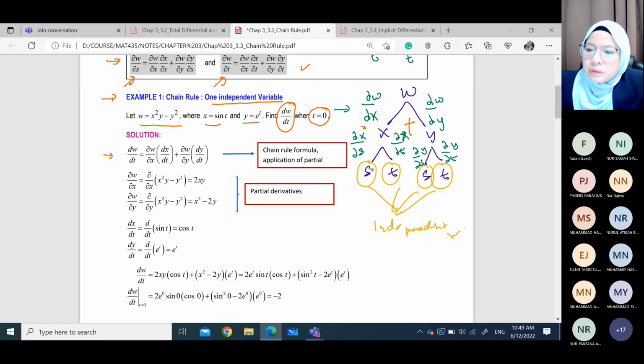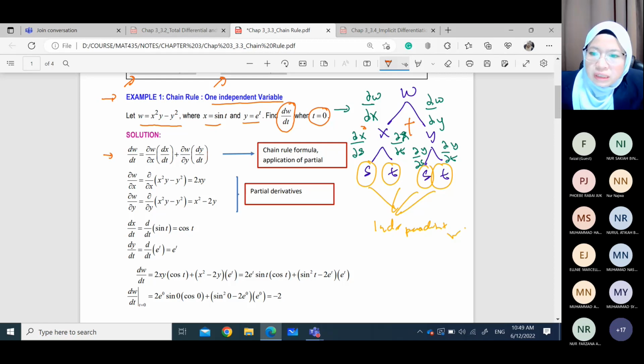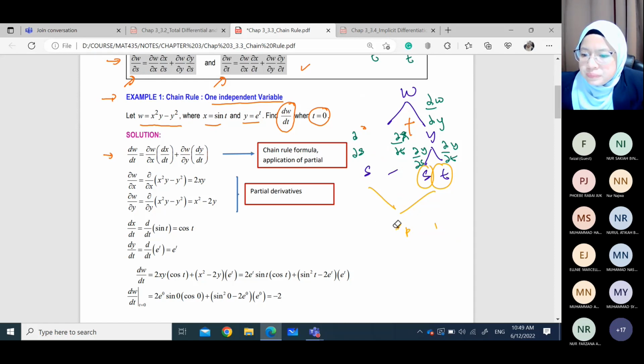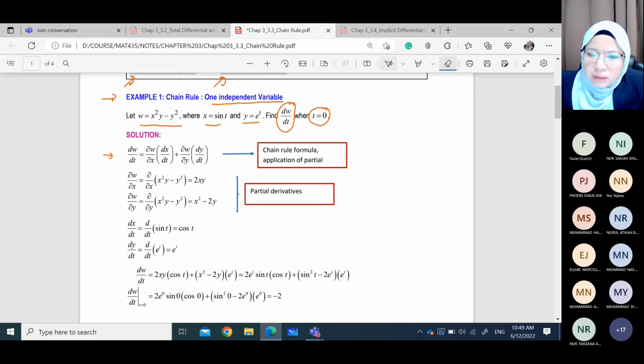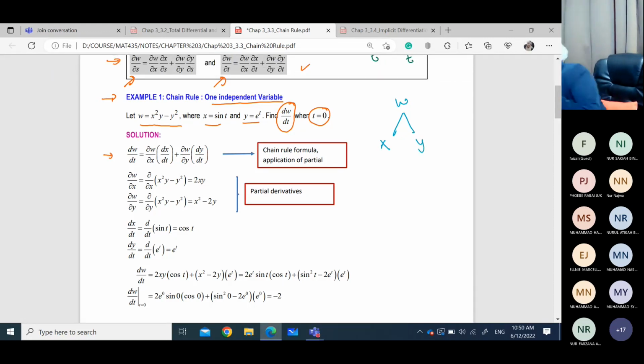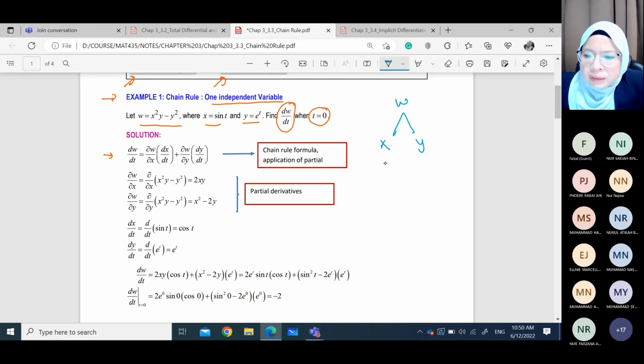If you don't remember the formula, you can draw a tree diagram. I'll erase this so you won't be confused. Here we have W. Under W, we have X and Y. Under X and Y, we have T. This means the chain rule for a function depending on one variable.